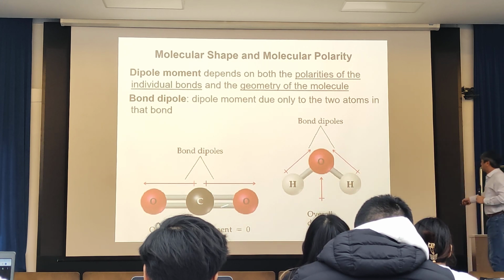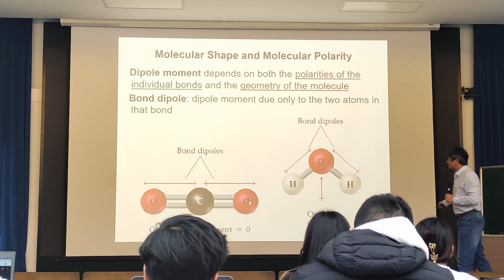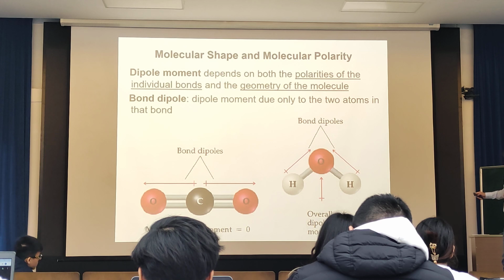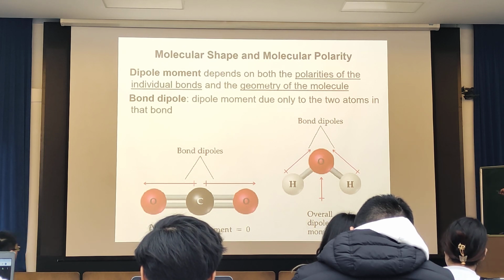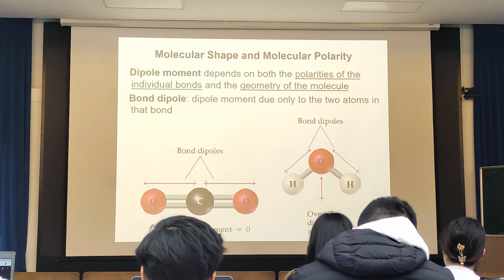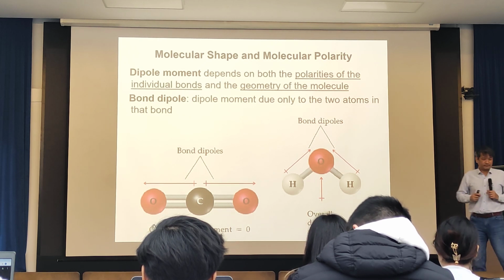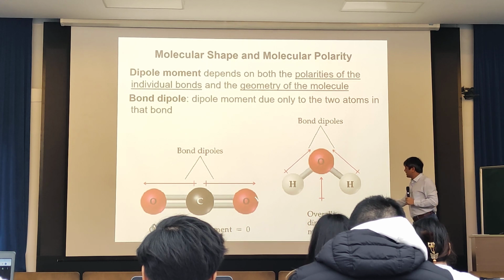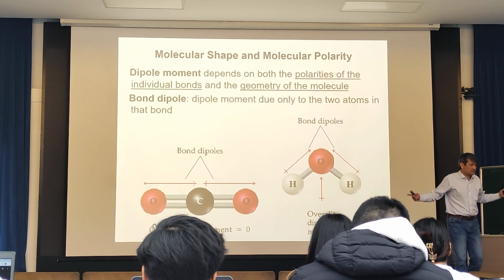And then when you put two bonds in one molecule, depending on the geometry, we talk about the dipole moment of the molecule. So the dipole moment of the molecule will depend both on the polarity of the individual bonds and the geometry of the molecule. Okay? So for example, you can see here, the carbon-oxygen bond is polar, right?